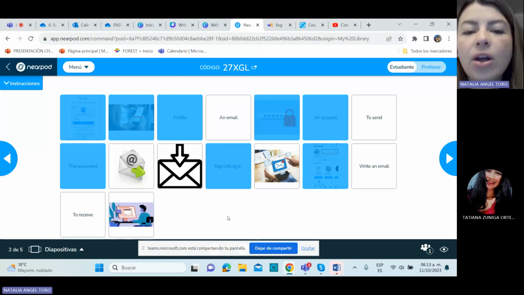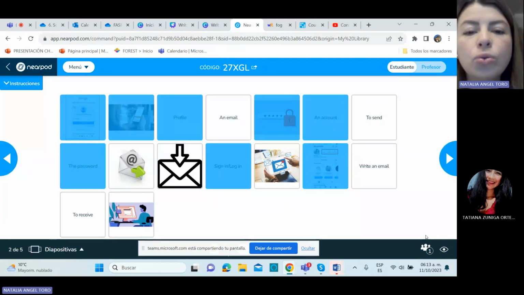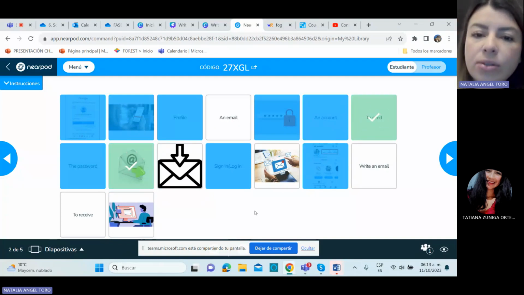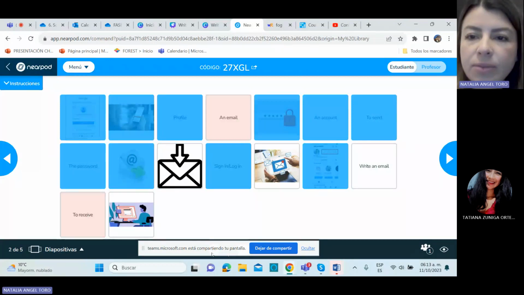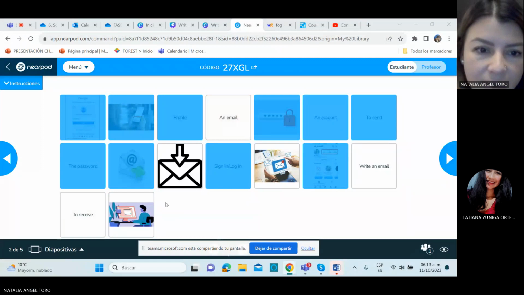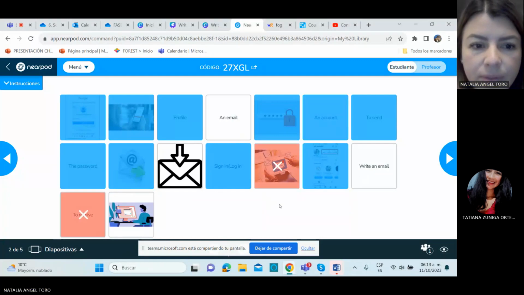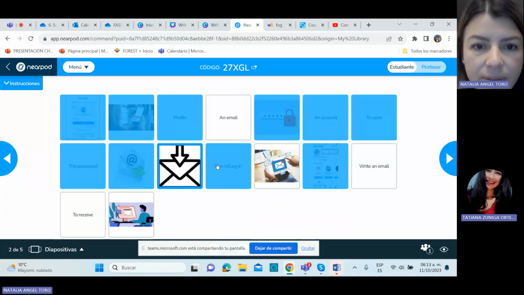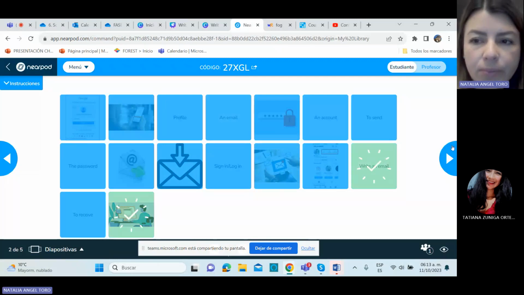So we can also have a profile, an account, to send emails or to receive emails. And an email, for sure, you write an email. So great.